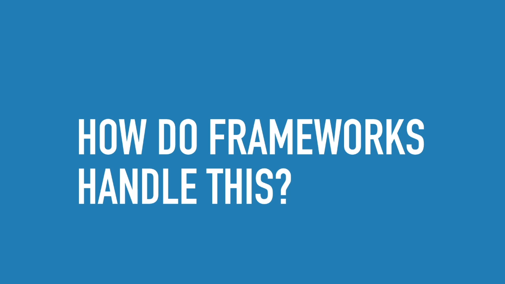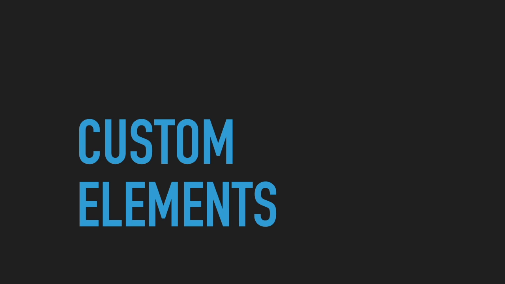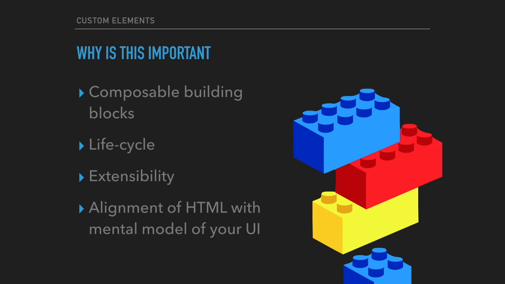So in terms of importing components and importing things, major frameworks typically use ES6 modules and import things in the way you've probably seen before. The last piece of the puzzle is this concept of custom elements. I look at custom elements as being the thing that brings all four of these concepts together.